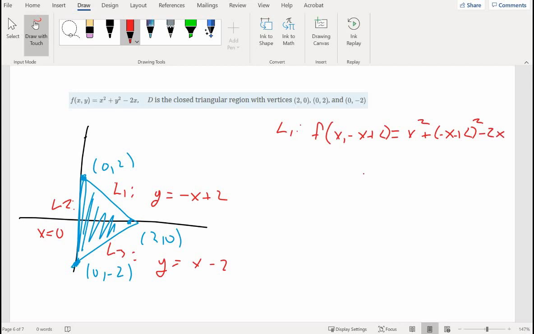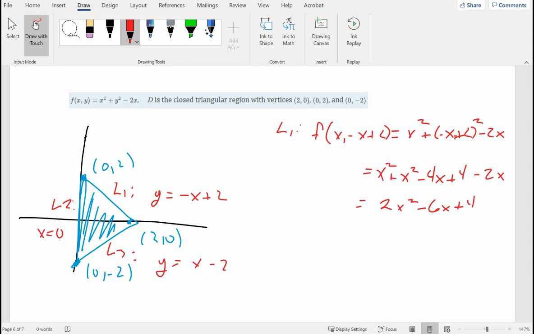And let's see, that's going to be x squared plus x squared, plus 2. I square that, then we're going to get a minus 4x plus 4. That's 2x squared minus 6x plus 4.